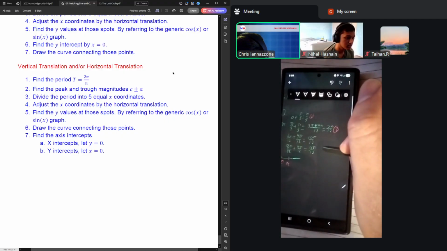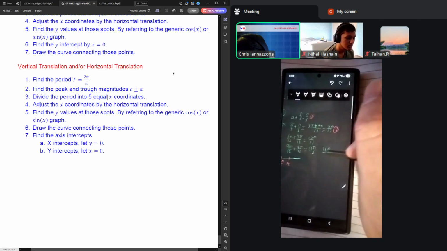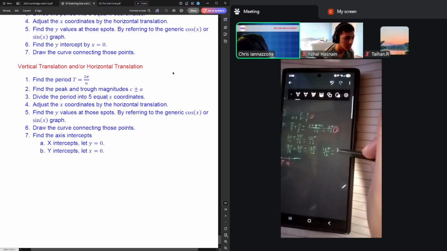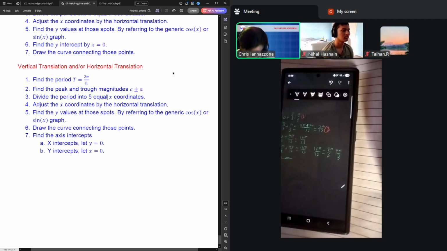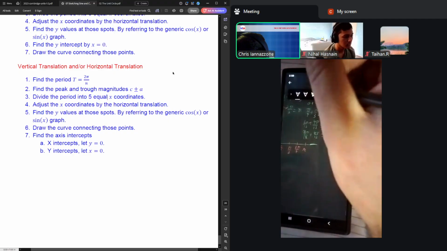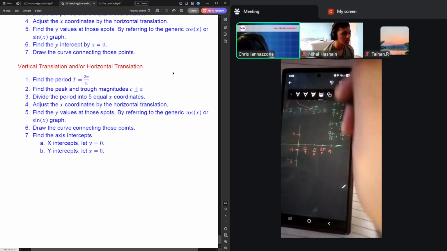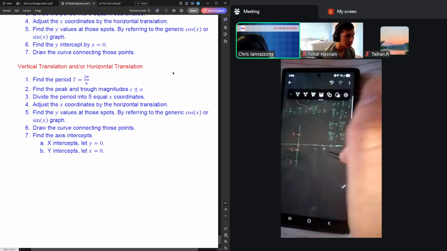The next one we should imagine as 16 pi over 12, which will simplify: 16 pi over 12, 8 pi over 6, 4 pi over 3. Then we're just going to relabel everything in here with those values.